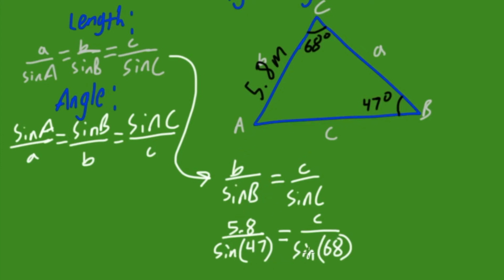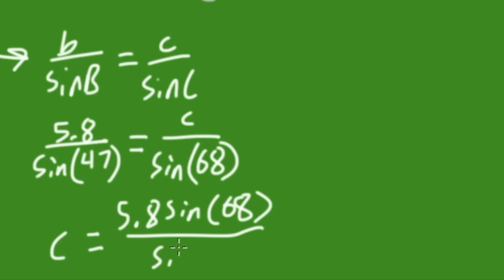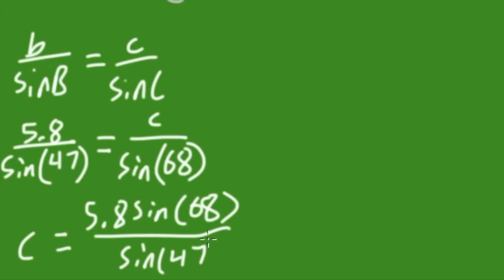So if we do that, let's multiply both sides by sine 68 to get little c by itself. That will give us little c is equal to 5.8 sine 68 over sine 47. This is an okay answer, but if you want to see how many meters this is to, say, 2 decimal places, just type this into your calculator and round it to 2 decimal places.